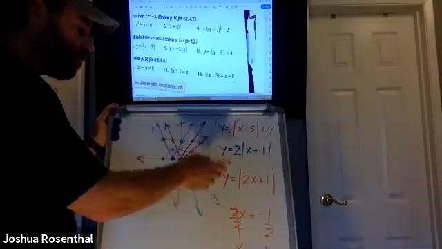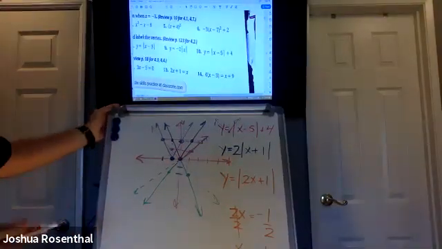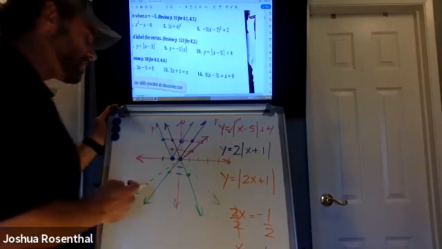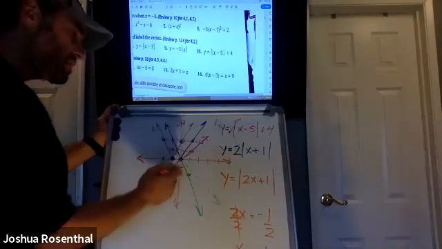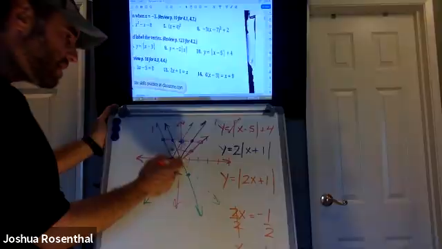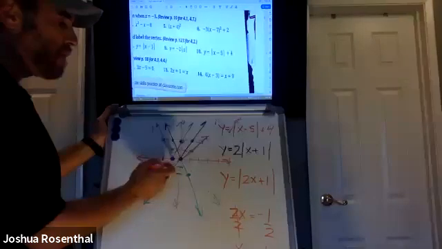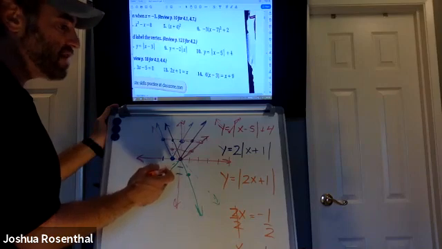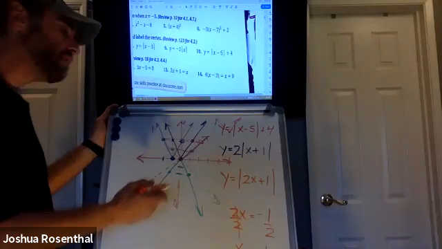-1/2. If x is -1/2, y is 0. You're on the x, you have found the x-intercept. Okay, so let's see. So is that the vertex? Yeah, that's the vertex. So we're playing a game of chase the vertex, follow the vertex. Where did it go?